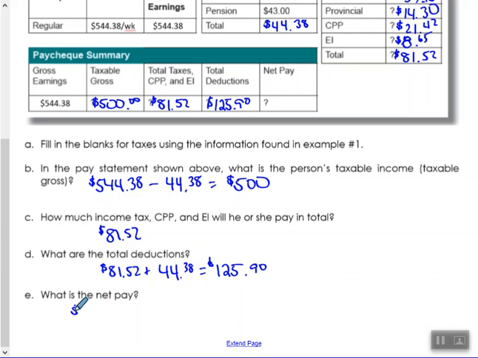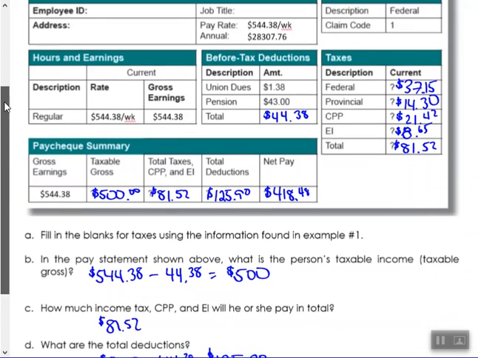Altogether, my gross earnings are 544.38. Subtract those total deductions, 125.90, and we end up getting 418.48.